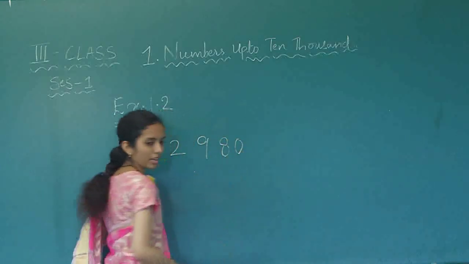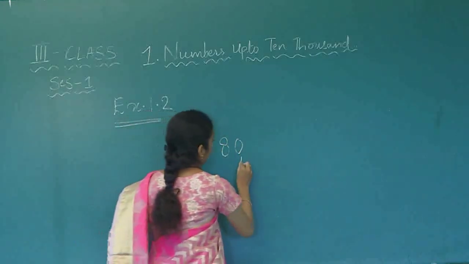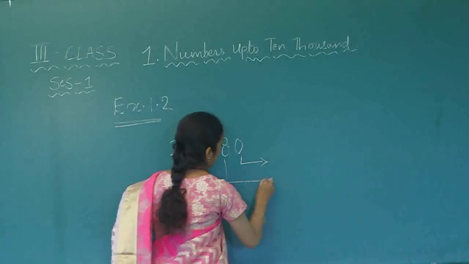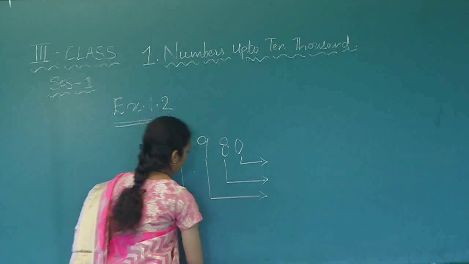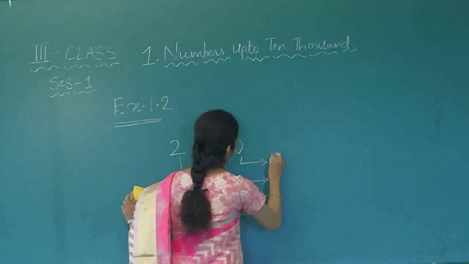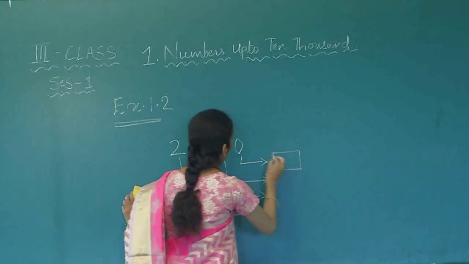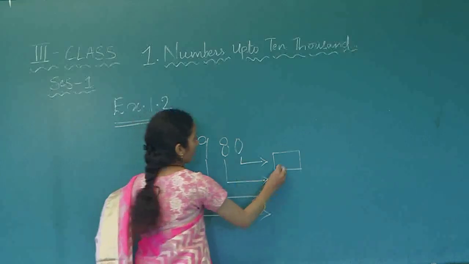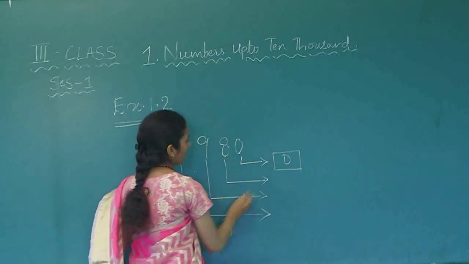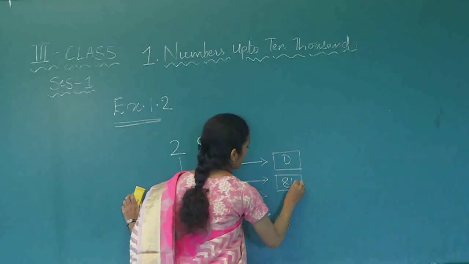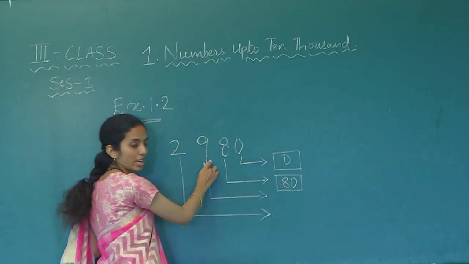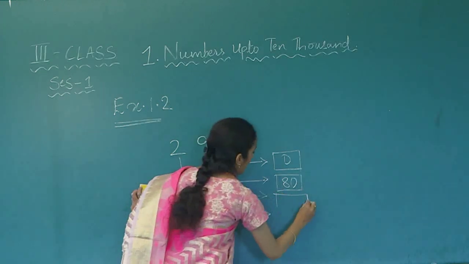2980. What he has given? This box. So how do you write? What is there in ones place? 0. What is there in tens place? 80. 8 means 80, no? What is there in hundreds place? 9.